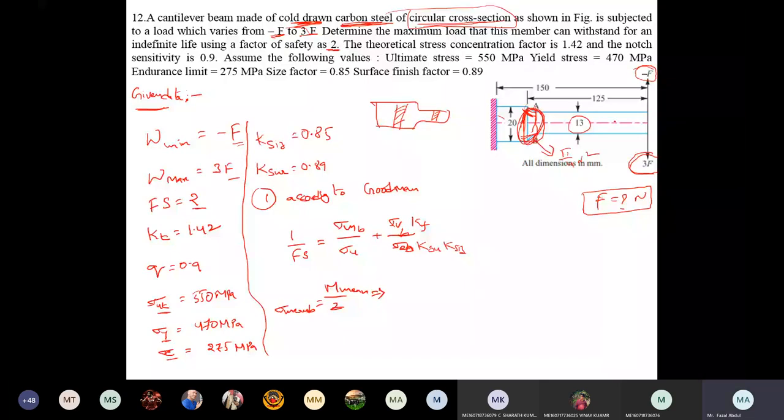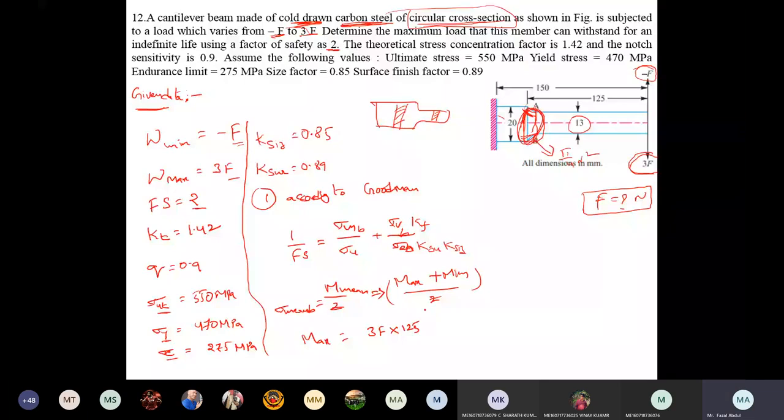Mean bending moment means maximum bending moment plus minimum bending moment by 2, by section modulus. Maximum bending moment is force 3F into 125.